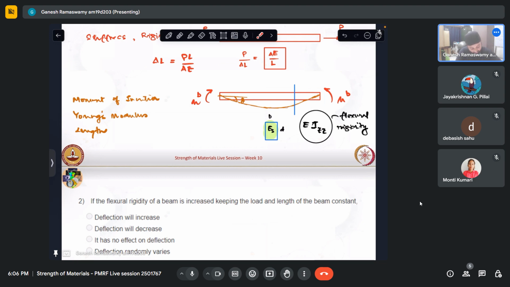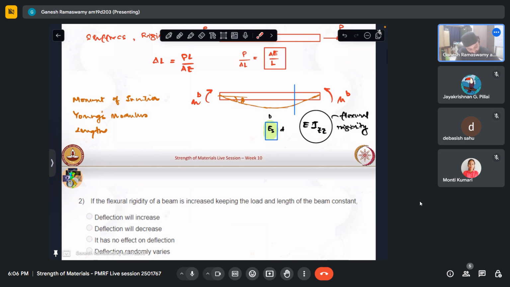Now again, since we know if this is Y and this is Z, and IZZ resists the bending in this case, naturally we will see that increasing B will only result in a linear change in the flexural rigidity. Whereas if we were to increase the depth, it will lead to an exponential change in IZZ and consequently flexural rigidity.